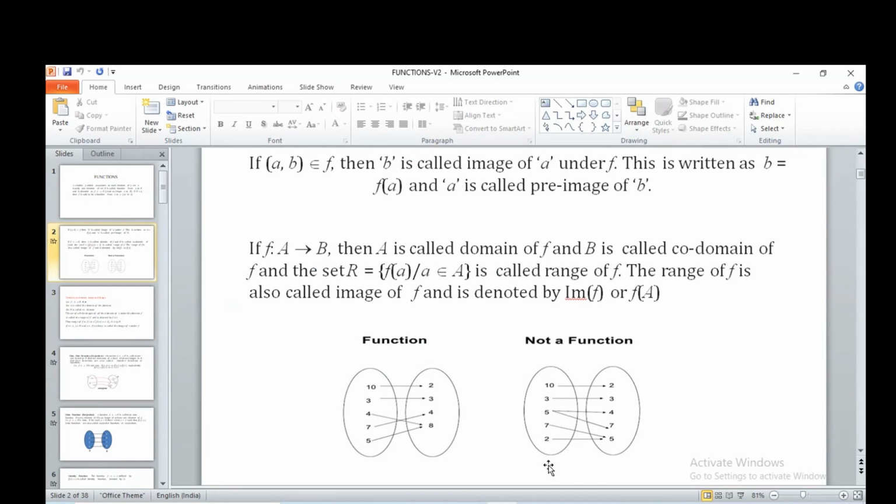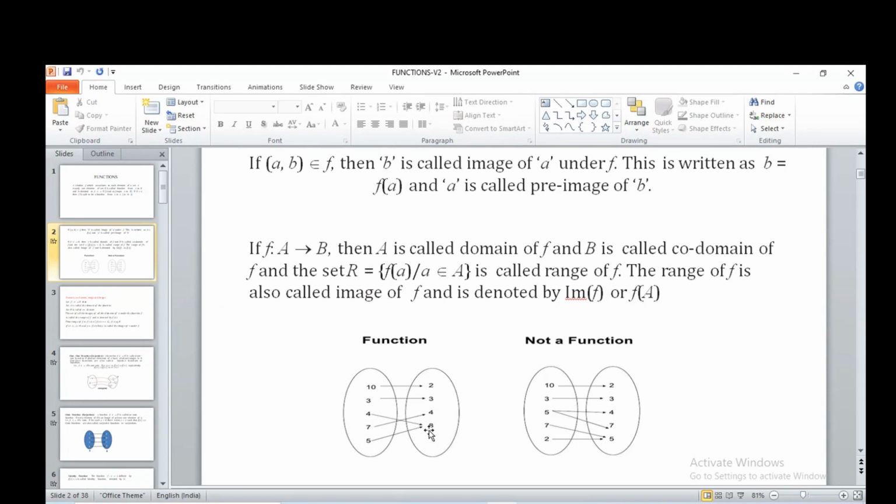The number 5 is mapped to two terms, 4 and 7. So it is not a function. A domain element should always map to only one term in the codomain.